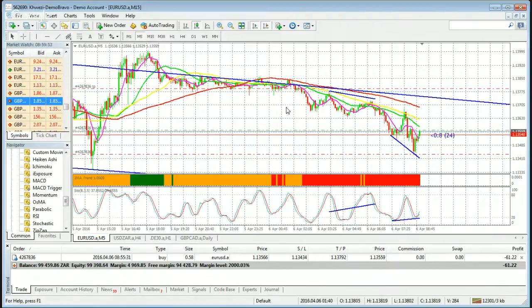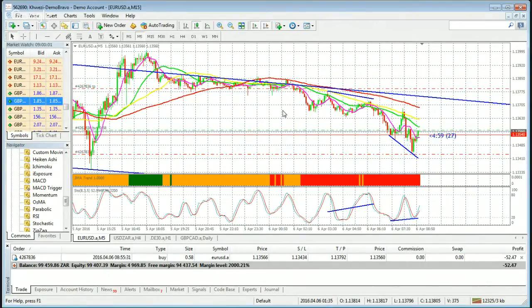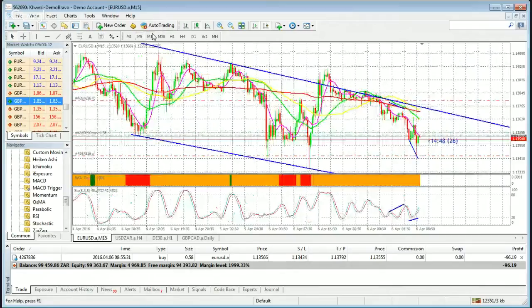Slowly but surely pushing. And see if it can break that top. Swing. 15.